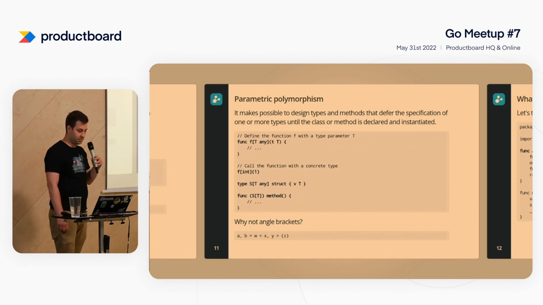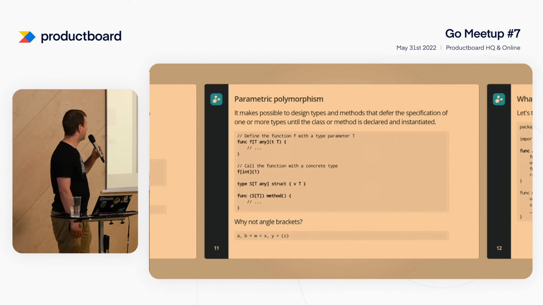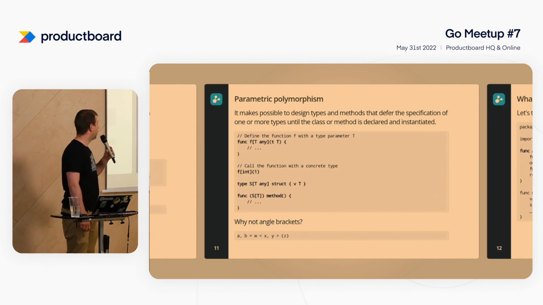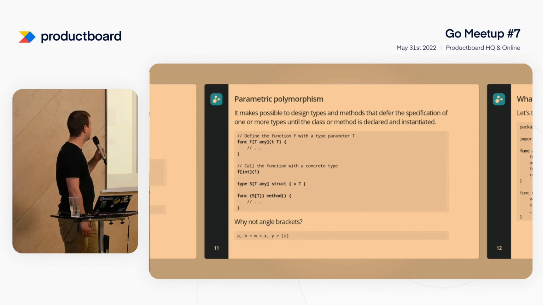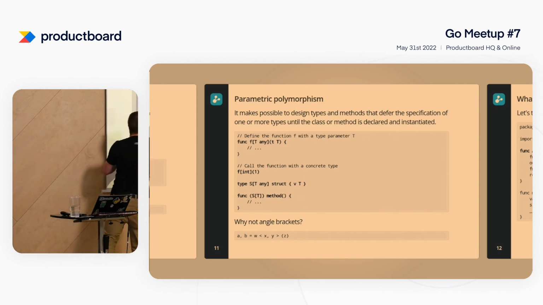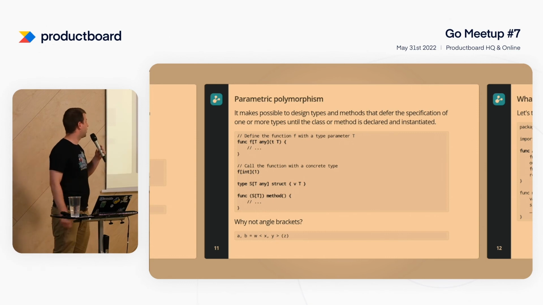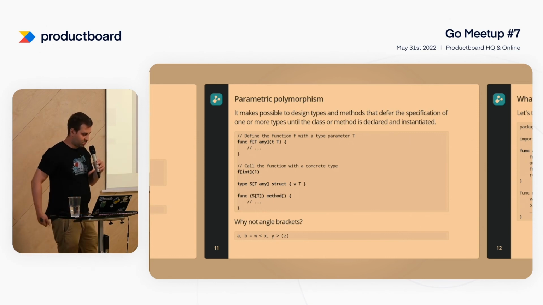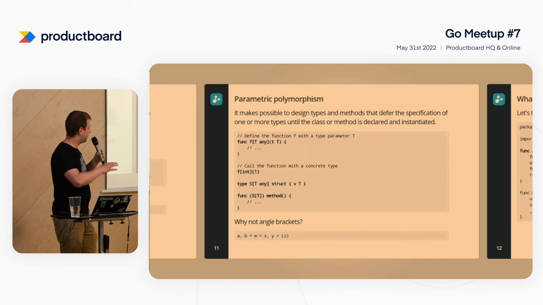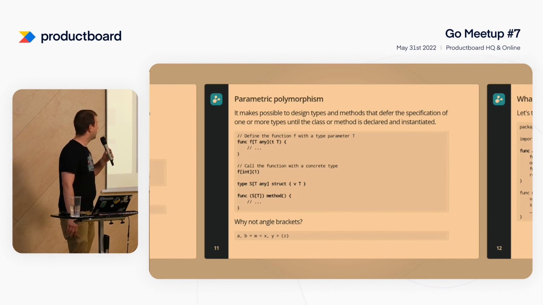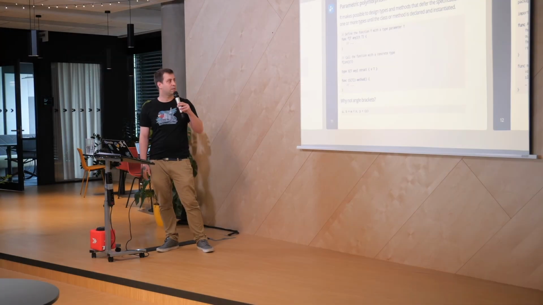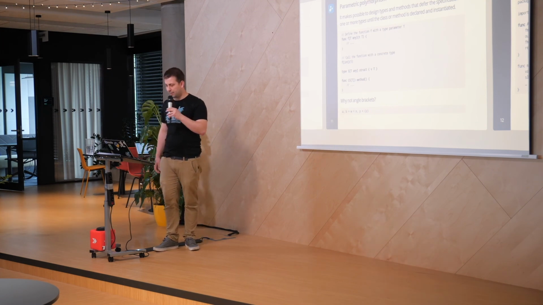The syntax is very simple. Before the regular parameters of a function, we can define the type parameters. It's here in square brackets. Here we define a function with a type T, which can be anything, and then T we can use as the type of a regular parameter.